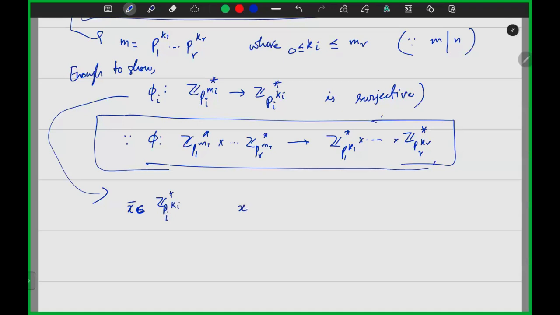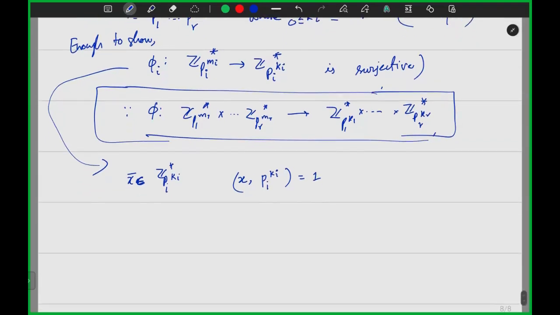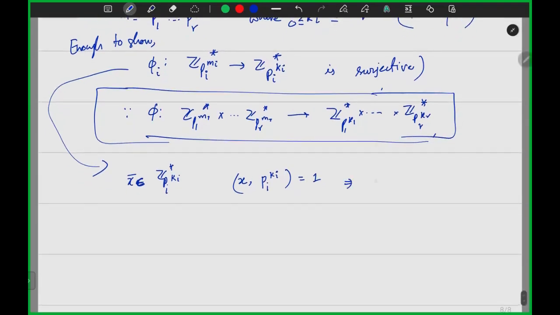Let's say this is x bar, then x will be co-prime with pi to the power ki. Yes. Nice. Now this implies x with pi to the power mi is also co-prime.